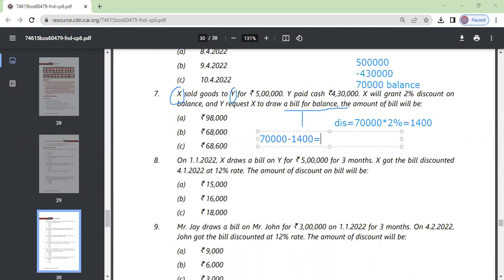What about balance amount? 68,600. So on the balance amount, the drawee requested the creditor, the drawer, to draw the bill. Select the option. 68,600. So option C. Okay.